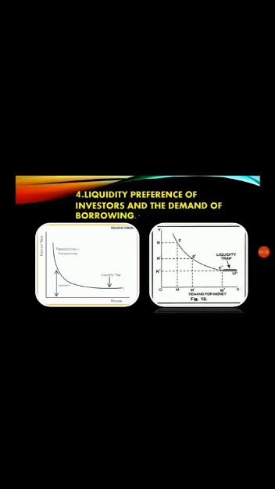Our topic is the general level of interest rates is affected by several factors. I will be explaining from the fourth point, that is liquidity preference of investors and the demand of borrowing.